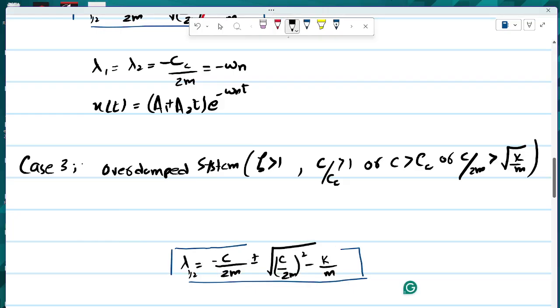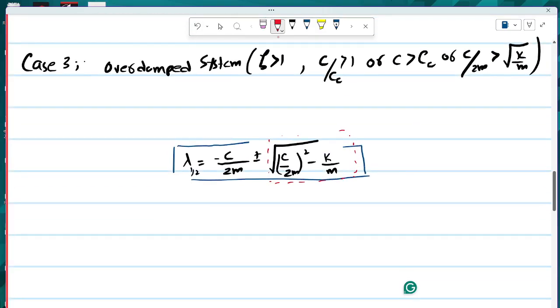So C over 2m is always greater than root k over m, so this component will always be a real value. There won't be iota involved, because if C over 2m is less than root k over m, this whole value will be negative, and then you will have an imaginary number outside the roots. But in this case it's always real.